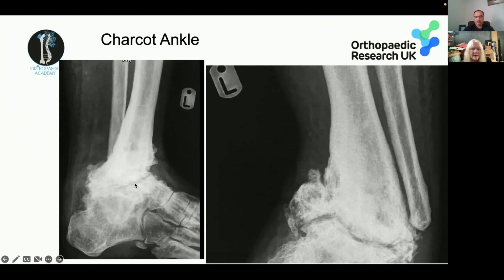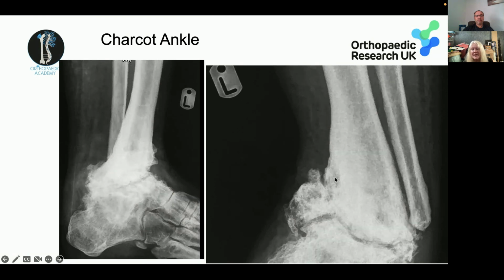Charcot ankle. So Charcot disease is usually the end result of diabetes in the Western world. And the classic features of Charcot are that you get fragmentation, bone destruction, dislocations, and a very abnormal looking x-ray. So if we look here, our distal tibia joint's more or less gone.